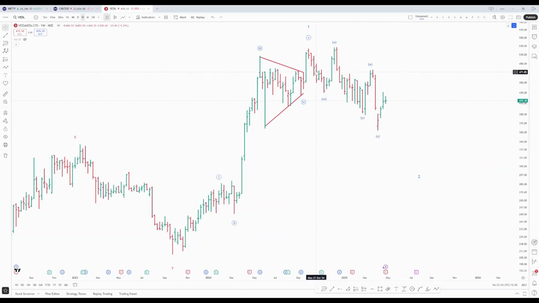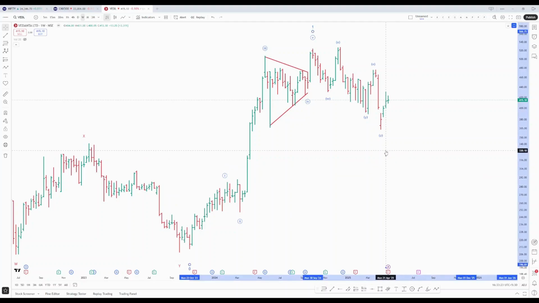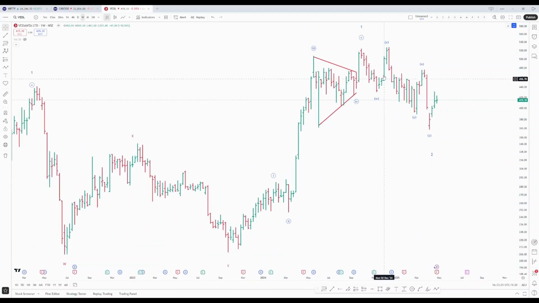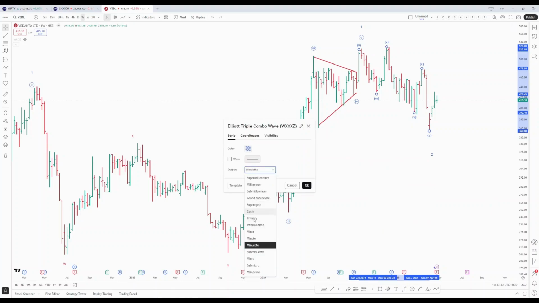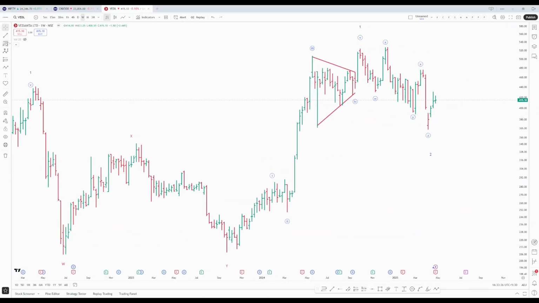So that makes me wonder if this wave 2 is done, because this WXYXZ is a complete pattern in itself. So let's do one more thing.